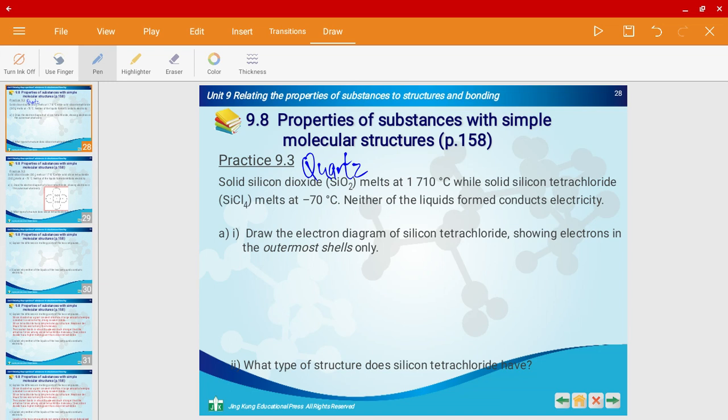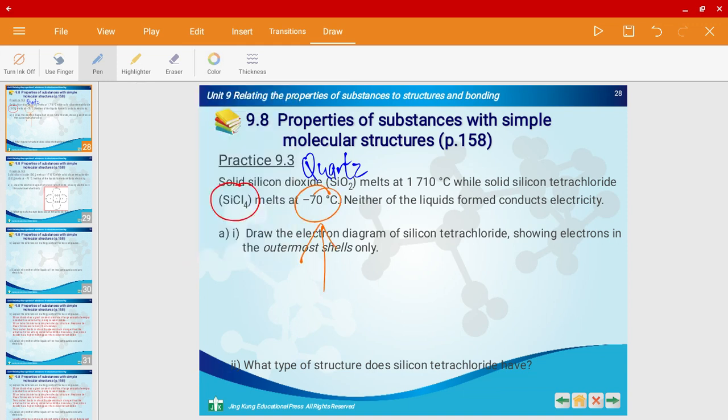Before I even start drawing, I have a question. Is SiCl4, solid silicon tetrachloride, an ionic compound or a covalent compound? How do you know? For me, I would use the melting point as a hint.